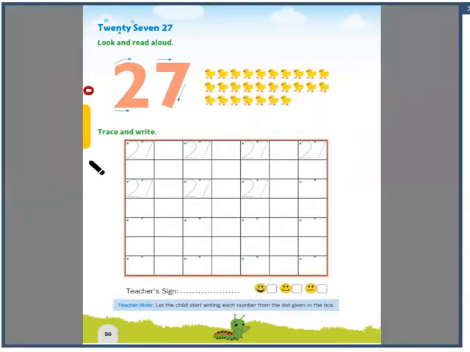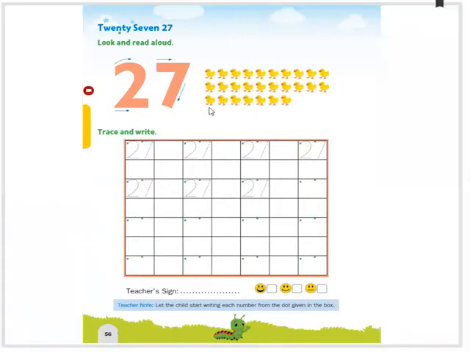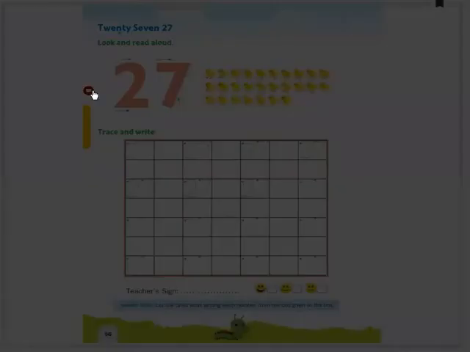Count it with the ducks and trace it. 2, 7, 27 and start writing also. You have to start writing from the green dot itself, right? Let's have a look at the direction in which you have to write the number 27.